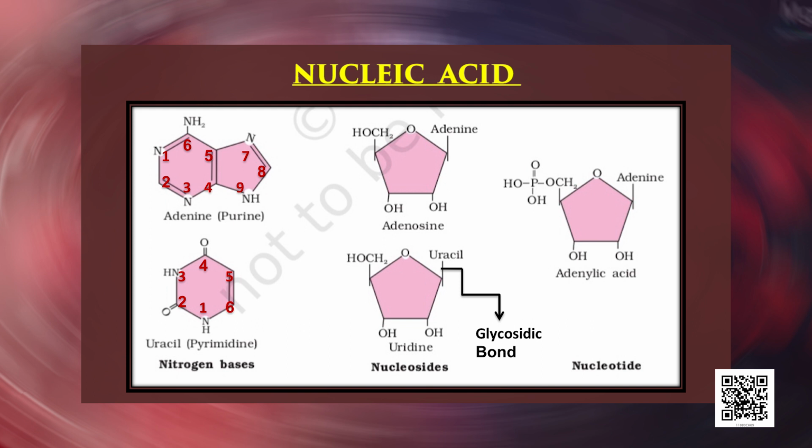Nitrogen base is linked with ribose sugar through glycosidic bond. When nucleoside joins with phosphoric acid, they form nucleotides. For nucleotides, suffix -ylic acid is used. Nucleotides join with the help of phosphodiester bonds to form nucleic acids.